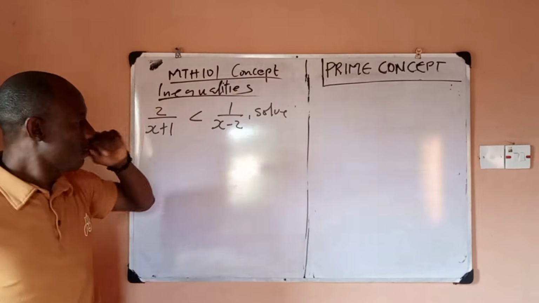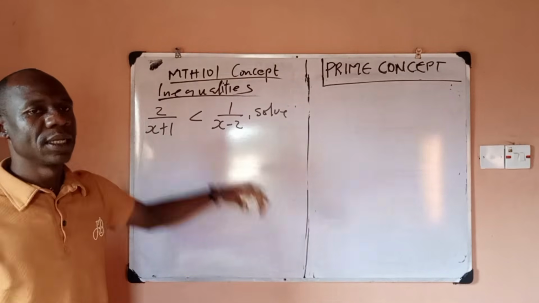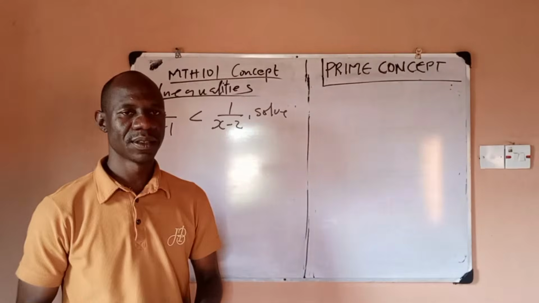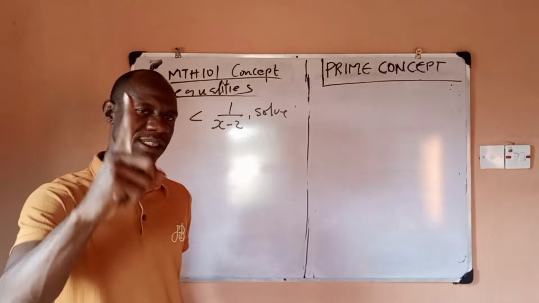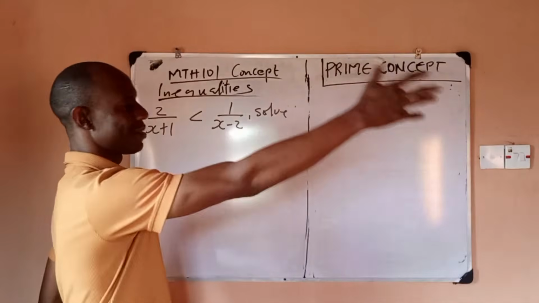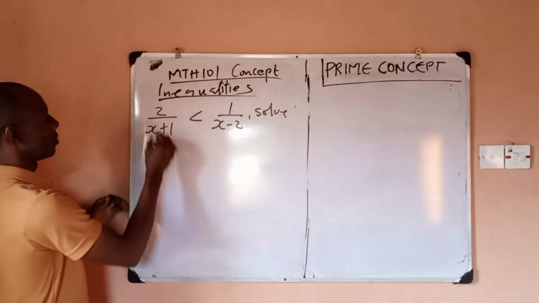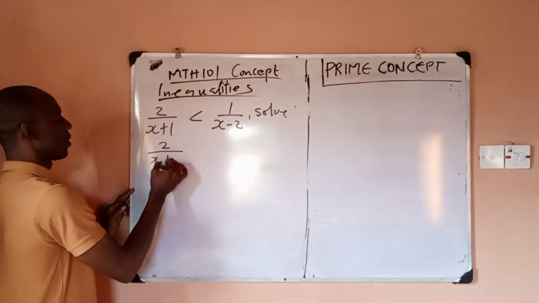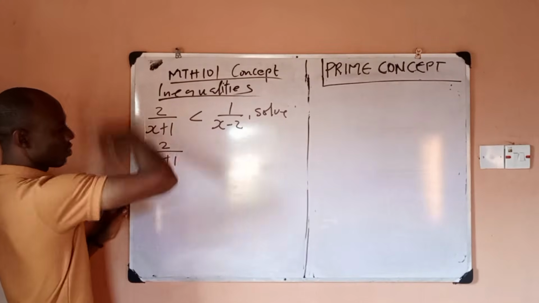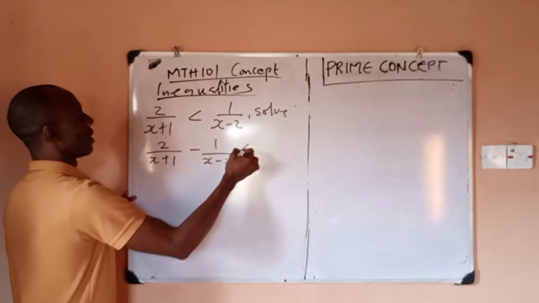You have numerator and denominator, numerator and denominator. And when you have rational inequalities, the first thing you want to do is to write it so that the right hand side carries 0. So it's going to be 2 over x plus 1, and when this whole thing crosses, I'll have minus 1 over x minus 2 less than 0.